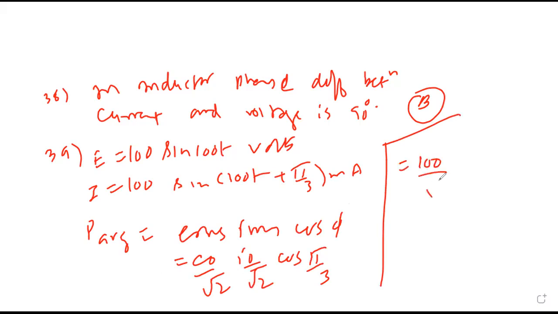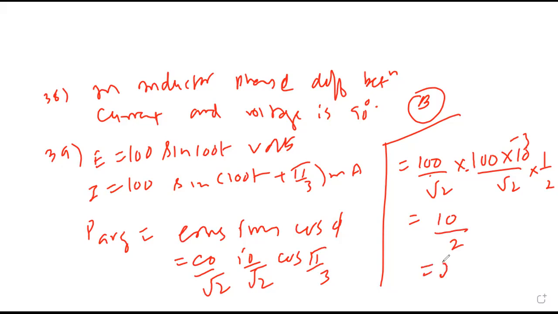E0 is 100, I0 is 100 milli, convert into ampere. Pi by 3 means 60, cos is half. So 100 into 100 into 10 raised to minus 3, over 2 into 2, equals 2.5 watt.